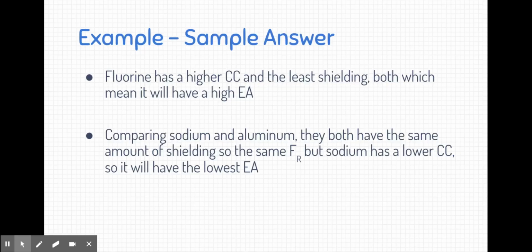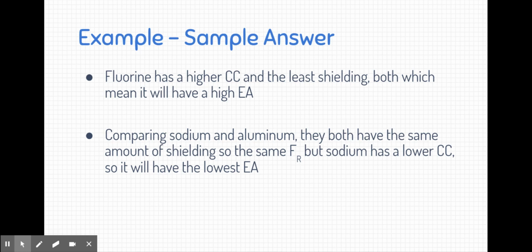Now that we've gone through the example, let's just formally put down the answer. So we first started off by eliminating fluorine because it had the opposite forces that we were looking for. So fluorine had a high core charge, strong attraction, and low shielding, which meant it would have a high electron affinity. Makes sense, right? We know that fluorine is very reactive and reacts by gaining electrons.